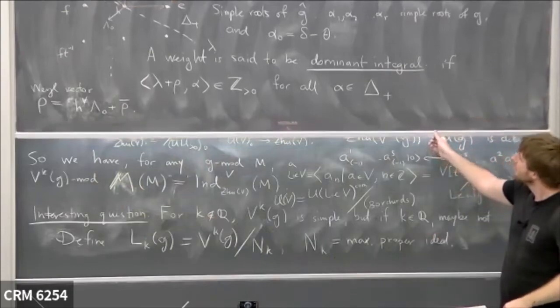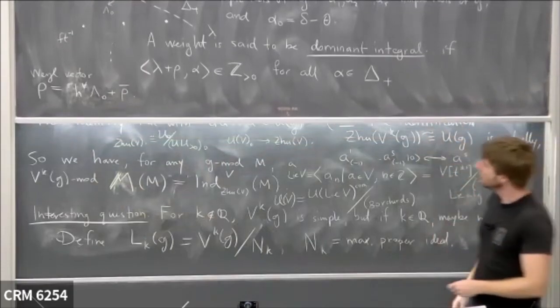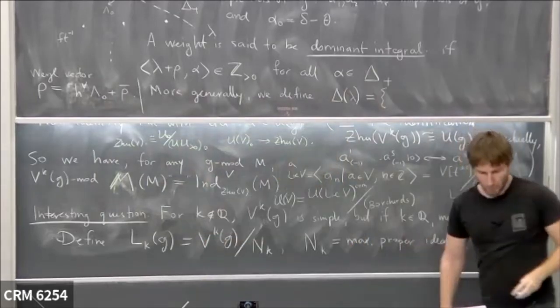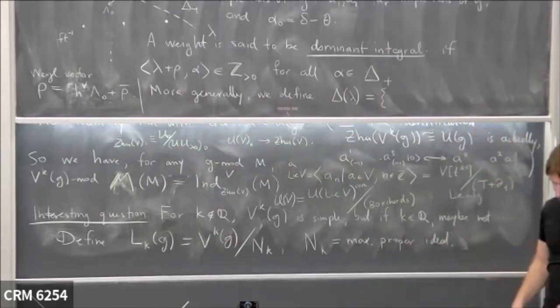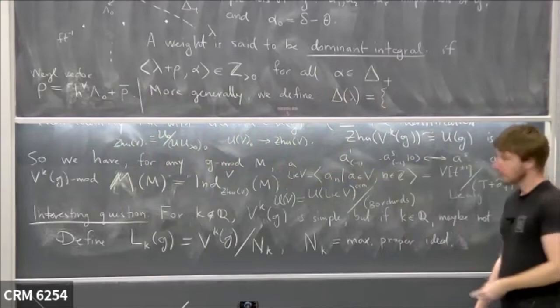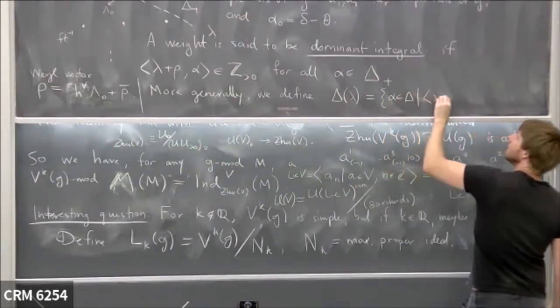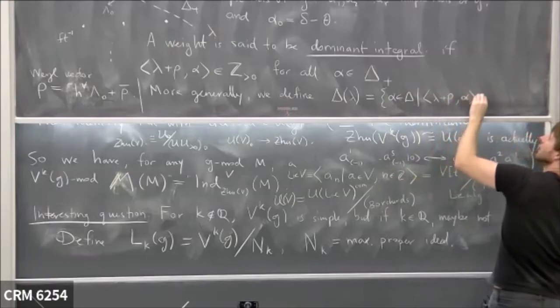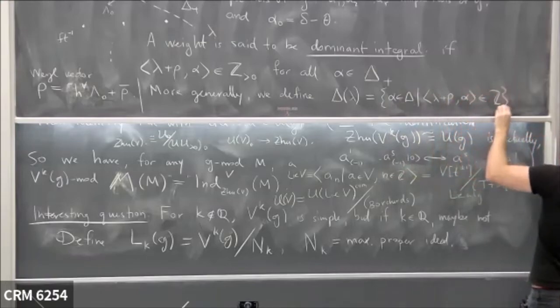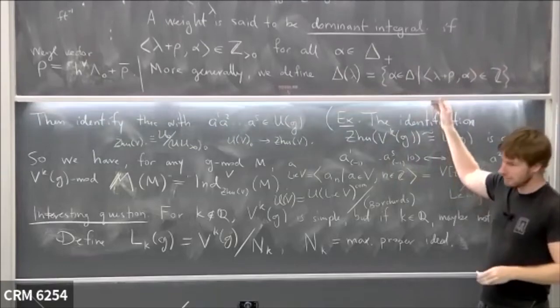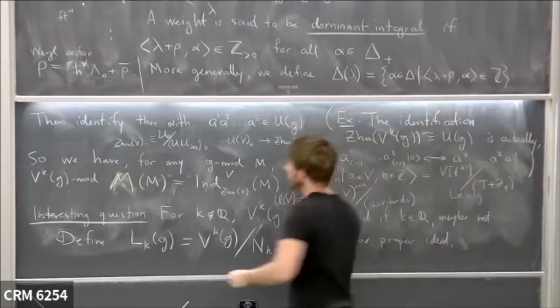Okay, so this dominant integral, more generally, weight might not necessarily be integral, but we define the subset of roots such that lambda plus rho paired with alpha is integral, right? So call that the integral root system of lambda.